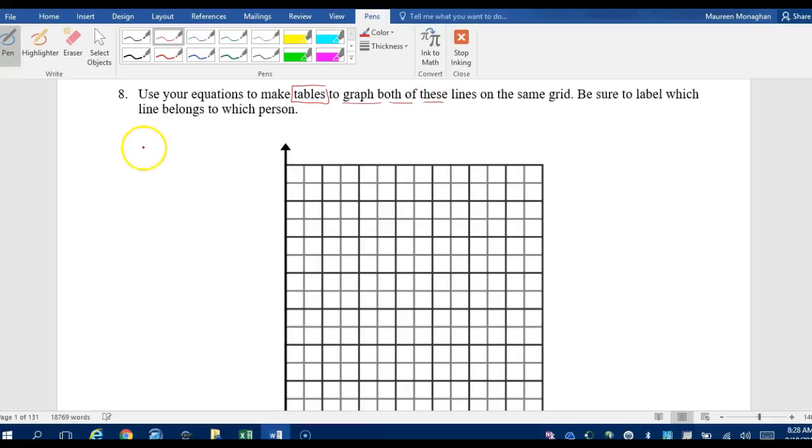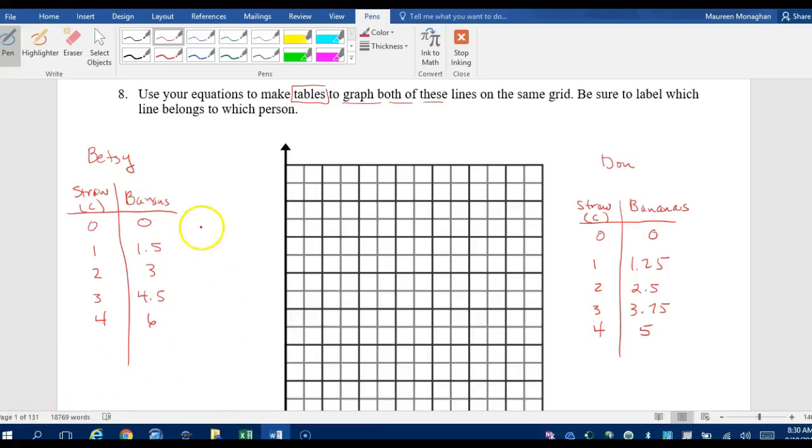I'm going to pause it so I can draw my tables. You do the same. This is what I came up with for my tables. I have strawberries, with C in parentheses to represent the number of cups. Bananas is how many bananas.